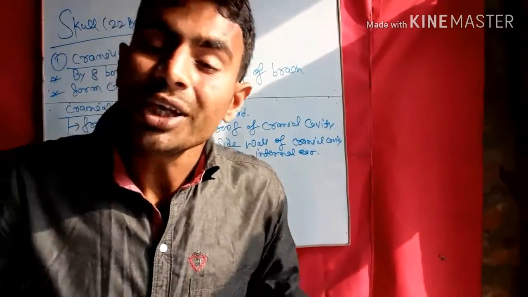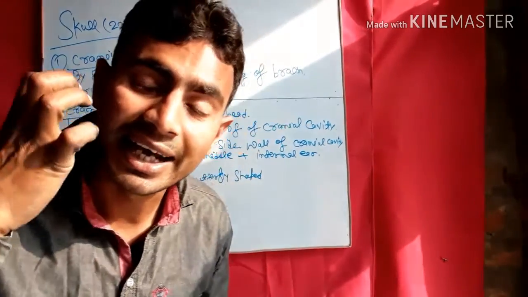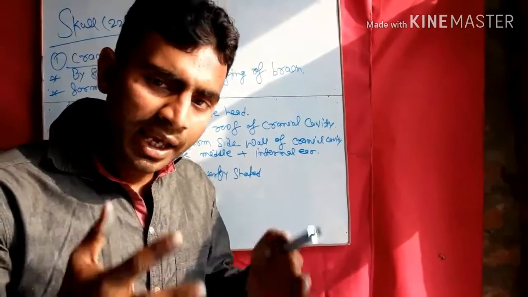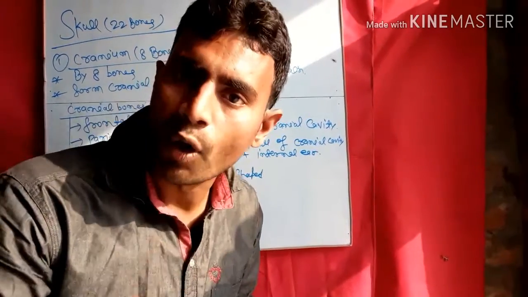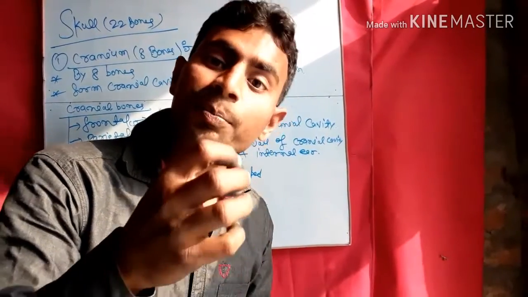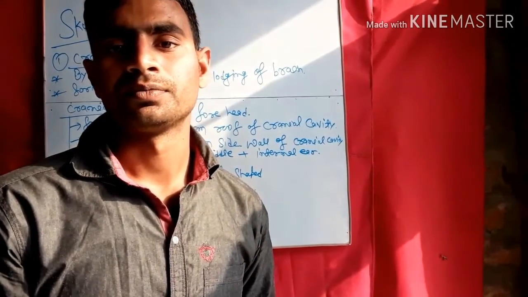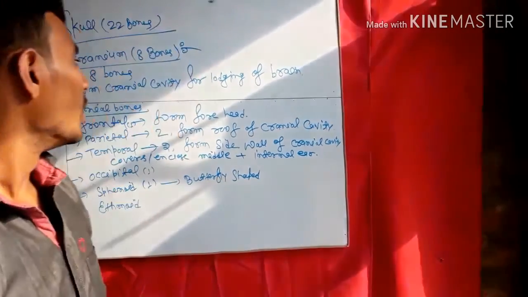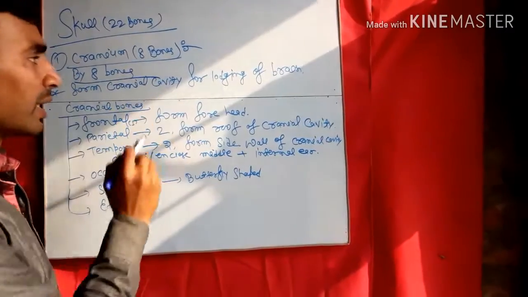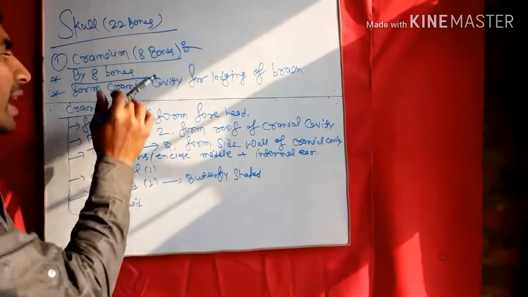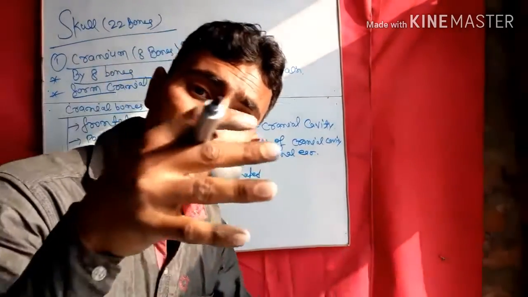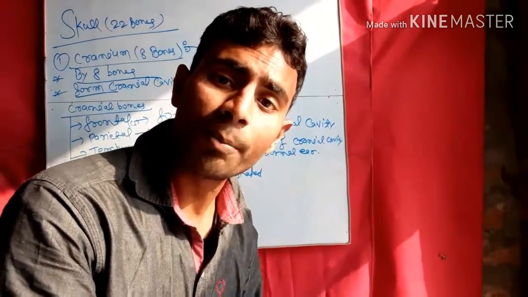Which 8 bones are in the cranium? The cranium is the brain box in which the brain is present. The cranium is made by 8 bones and forms the cranial cavity for lodging of the brain.